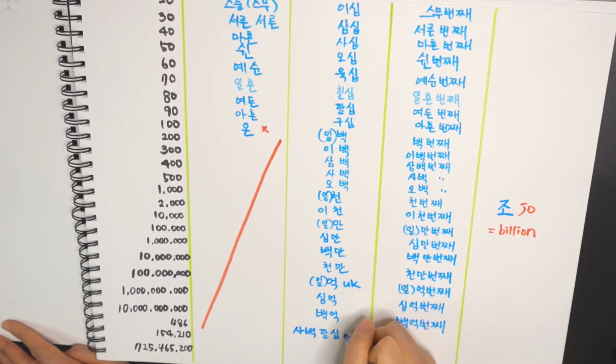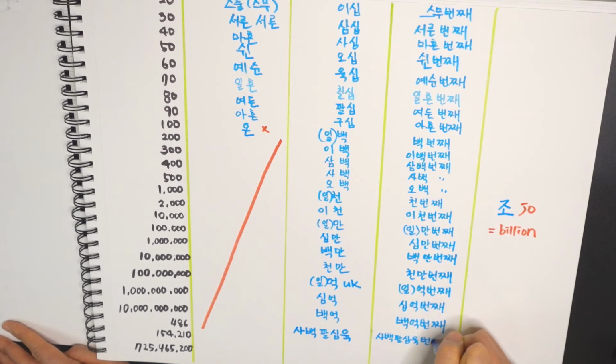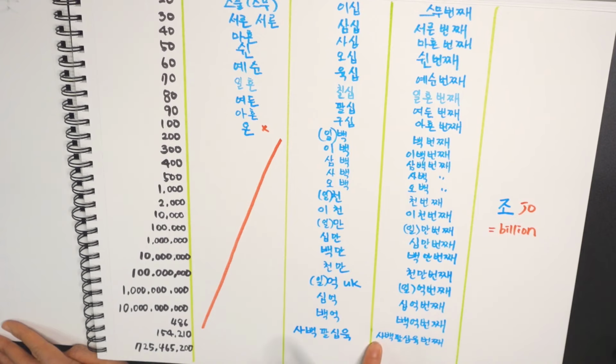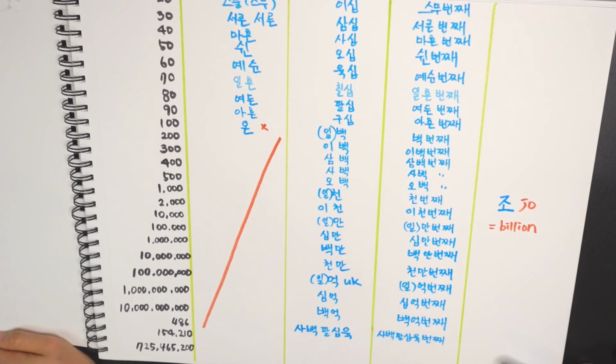And 6 is 6. Okay, 486. The ordinal system is just 486번째. It's quite long, but not as long as English. You have a lot more letters to write.